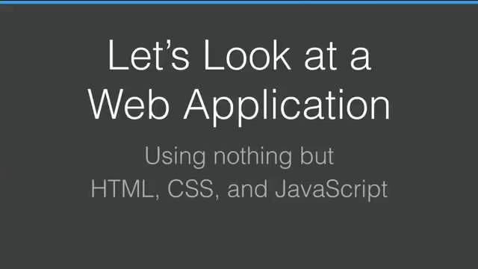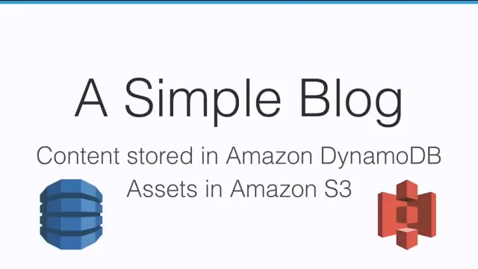So let's jump into a web application that I wrote using the SDK and nothing but HTML, CSS, and JavaScript. I'll be demoing a simple blog application with content stored in DynamoDB and your assets stored in Amazon S3. So I'm going to pop this back open to the demo here.